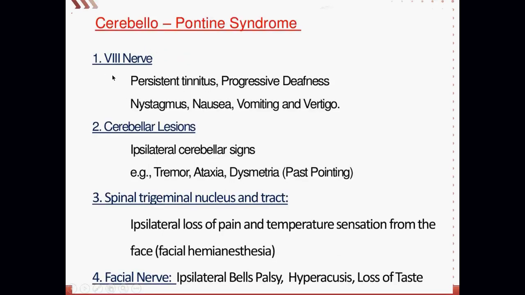The symptoms related to each nerve: persistent tinnitus, progressive deafness, nystagmus, nausea, vomiting and vertigo. Cerebellar lesion causes tremor, ataxia and dysmetria, as it is related to the middle cerebellar peduncle. When it is related to the trigeminal nerve, ipsilateral loss of pain and temperature sensation from the face; and facial nerve, ipsilateral Bell's palsy, hyperacusis and loss of taste.